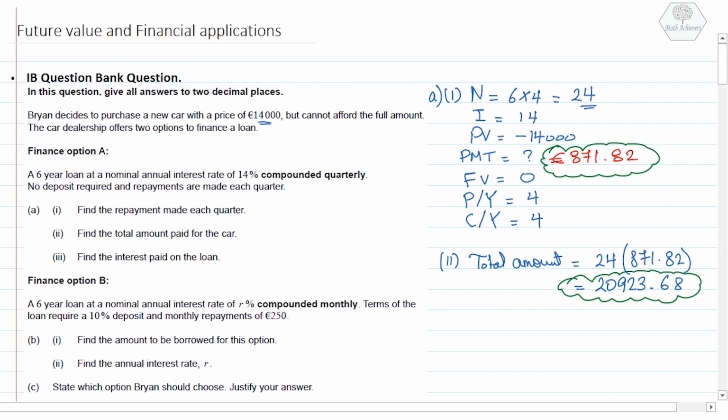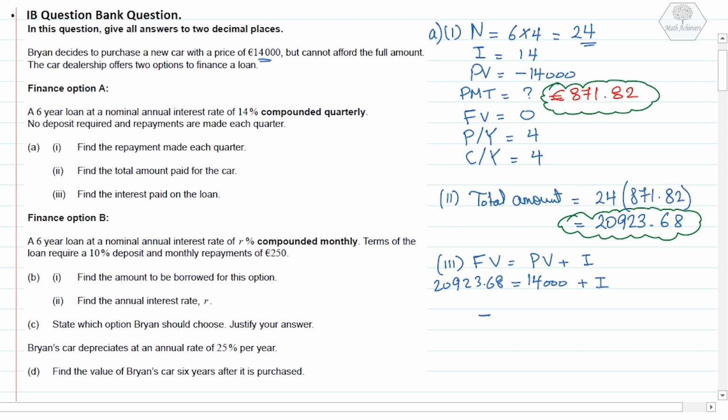Part A, triple I, we need to find the interest paid on the loan. We said that simply the future value is equal to the present value plus the interest. So I have the PV to be 14,000 equal to what he will be paying, which is 20,923.68, minus the interest paid.